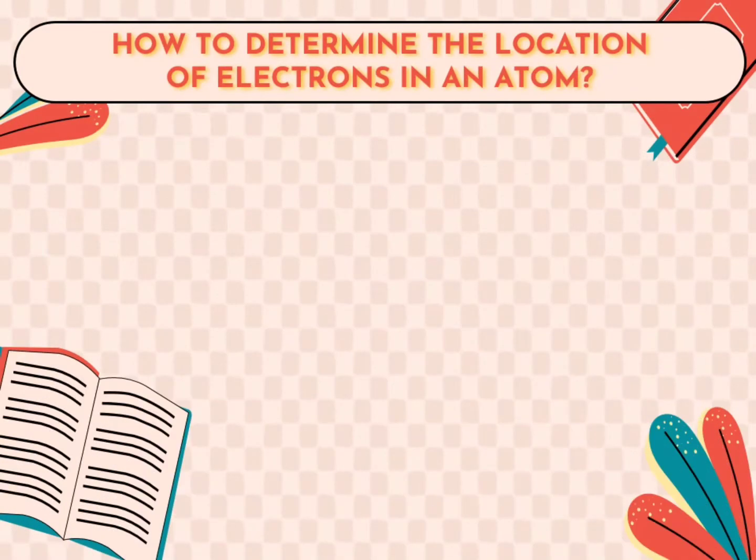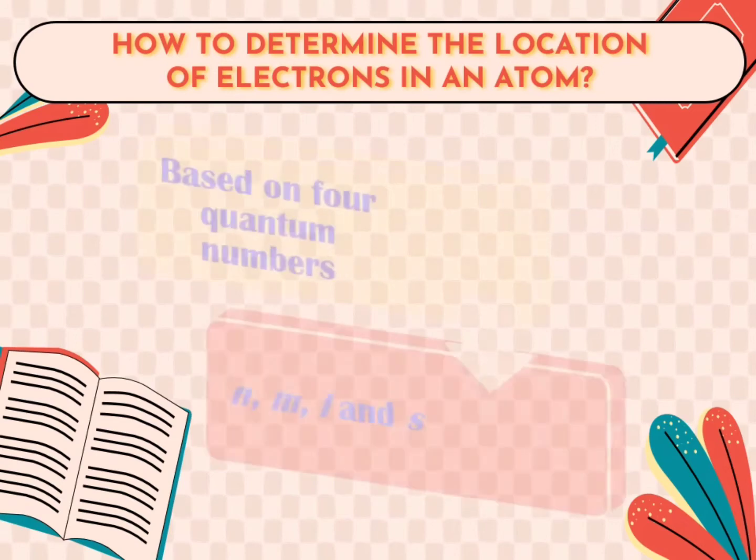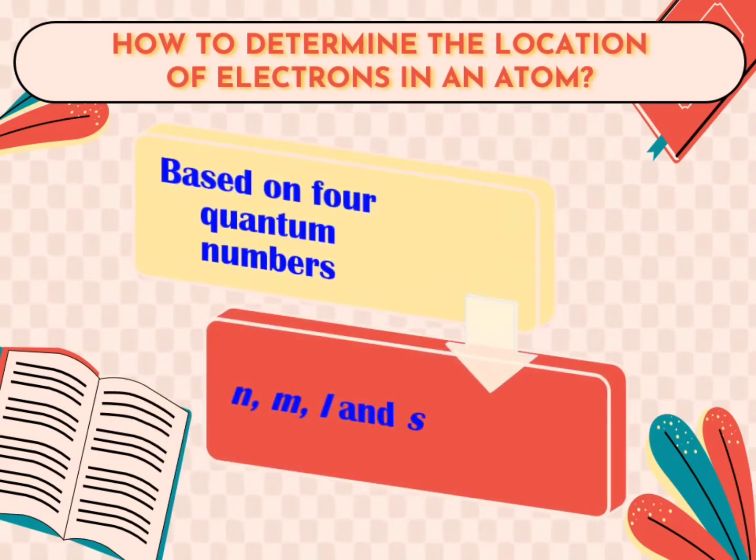Okay guys, so how do we determine the exact location of an electron in an atom? This is how you identify the location of an electron in an atom.